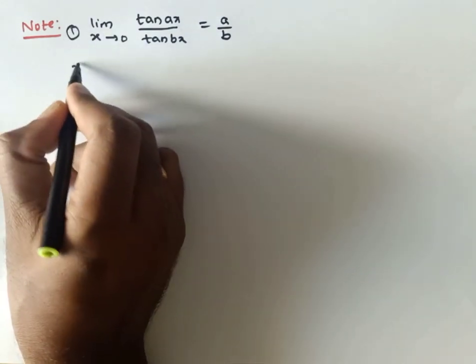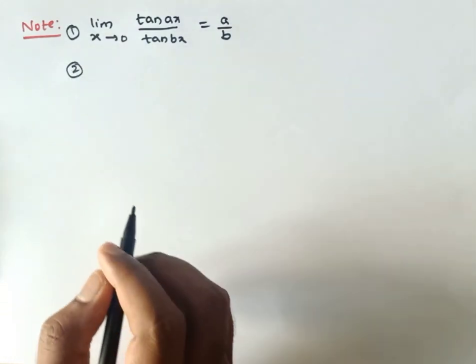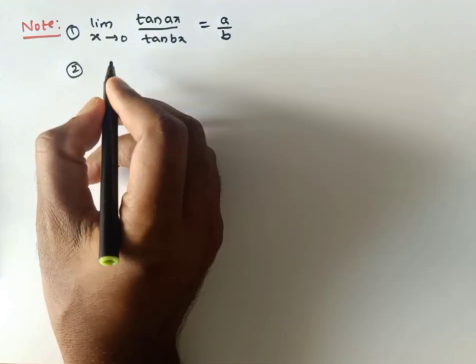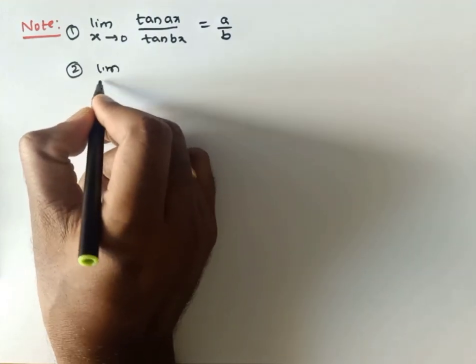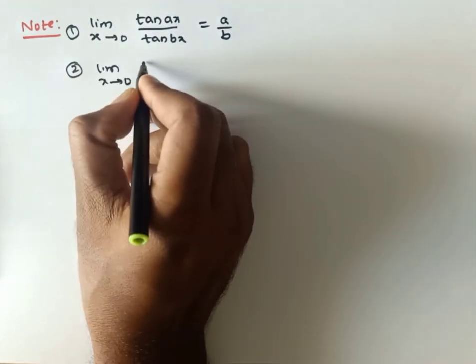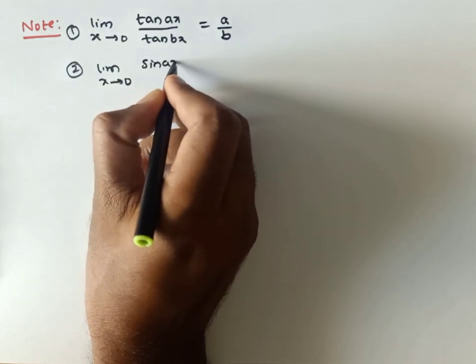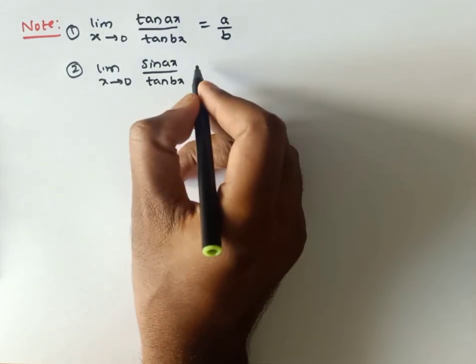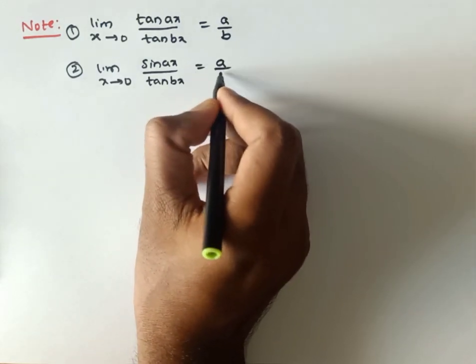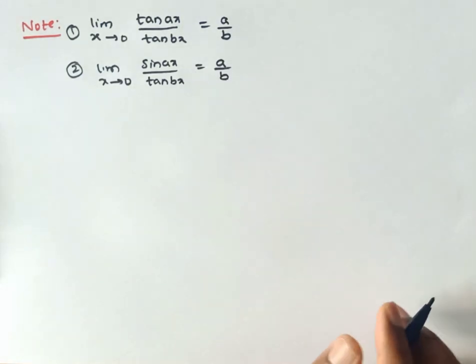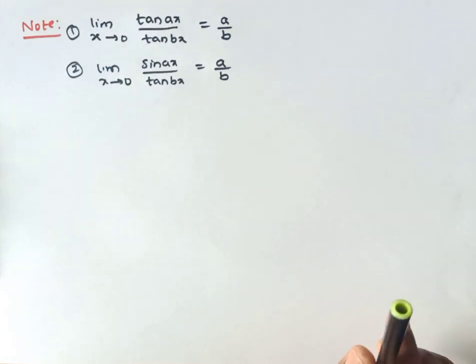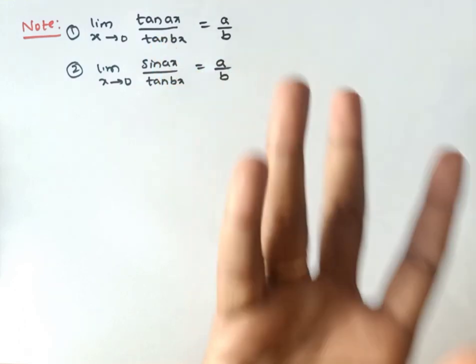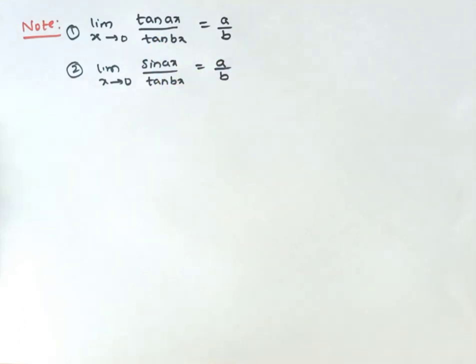Number 2, if it is mixed with sin and tan also, no problem. So it is limit x tends to 0 of sin ax by tan bx. This is also a by b, where b is not equal to 0. So remember these two things as a formula. Or tan ax by sin bx also, no problem. It is a by b only.